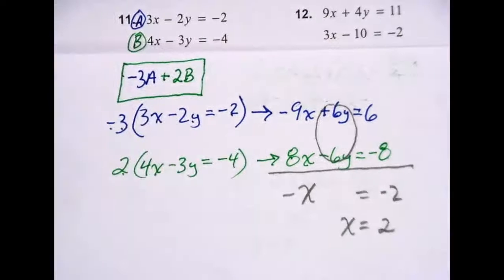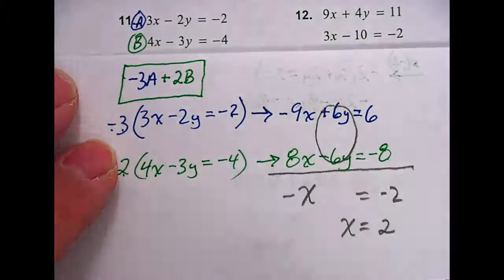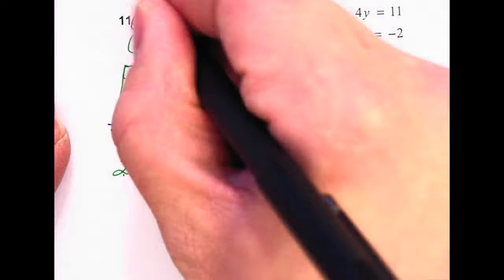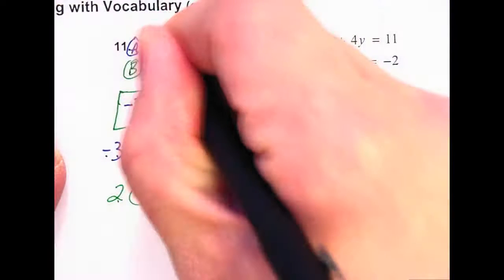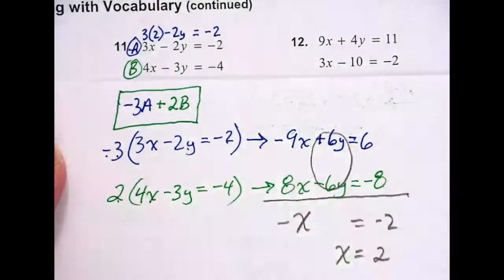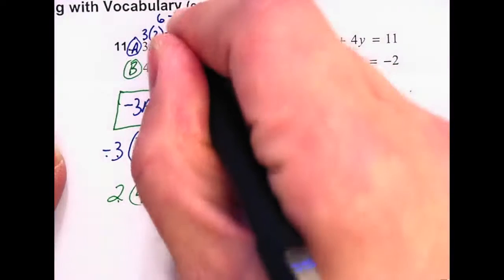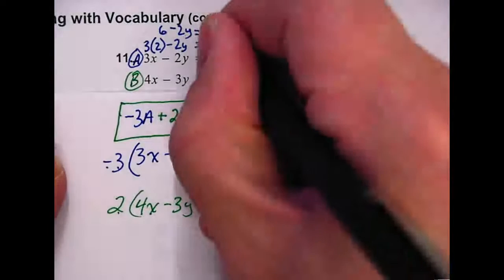So if we know x equals 2, we can take that and plug it into one of our equations here. Okay, so maybe we use equation A and we put the 2 in up here. So 3 times 2 minus 2y equals negative 2. That gives me 6 minus 2y equals negative 2.